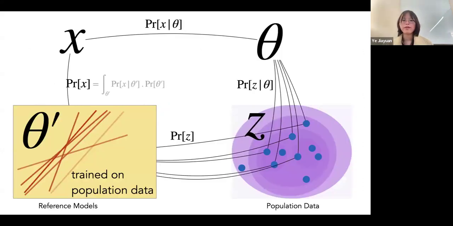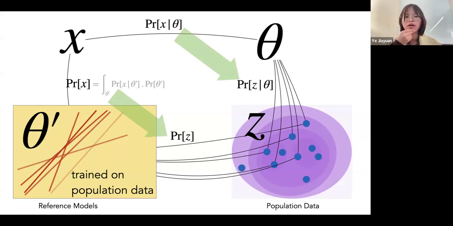So what do we mean by the first point, which is calibrate to both reference model and population data? We basically observed that previously, we only cared about either one of the green arrows.